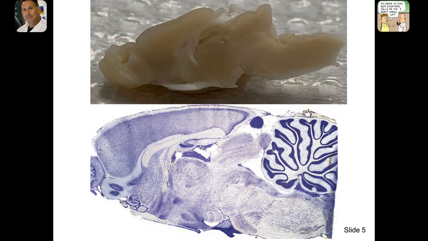They are rostral and caudal to one another. So this is the inferior colliculus or the caudal colliculus. And we have the fourth ventricle. Cerebellum. And the medulla.